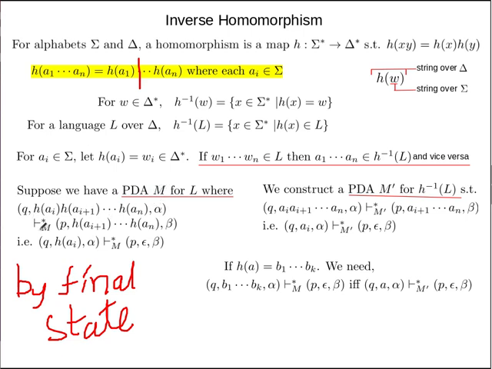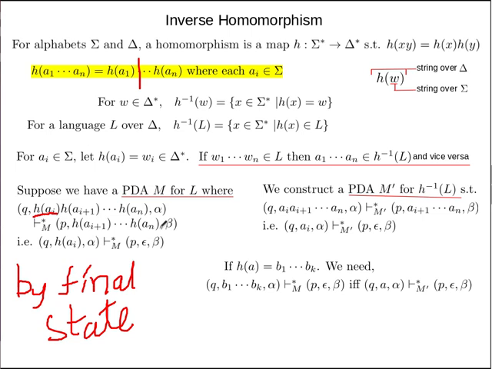So then after some steps, more than one step, so that is why we have star, in M, this ID transforms into this ID where it has completely consumed this part of the input. So this h of ai is now gone, so it starts from h of a(i+1), so the remaining part is h of a(i+1) up to h of an. And then the stack has changed into something beta, which depends on how we replace the top symbols of the stack, right?